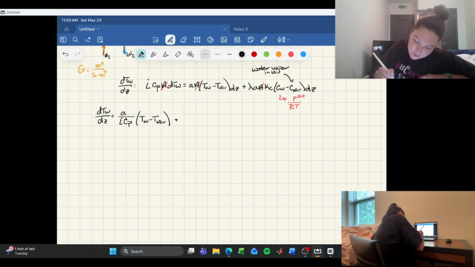It's still going to be plus the enthalpy of vaporization times packing times the mass transfer coefficient divided by the liquid flow rate times the heat capacity times, we said the concentration of water is the saturated pressure over the gas constant times temperature minus the concentration of air, or the water vapor in the air.